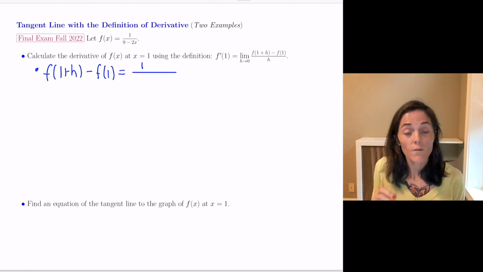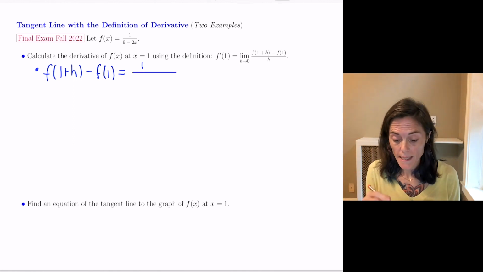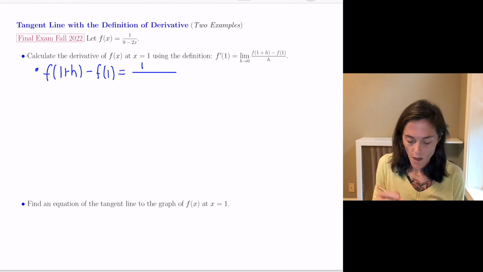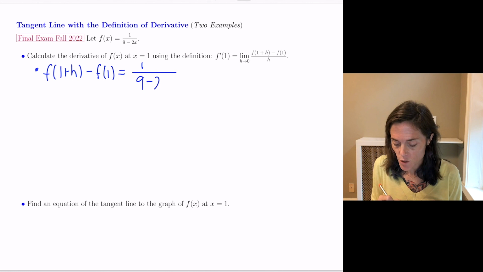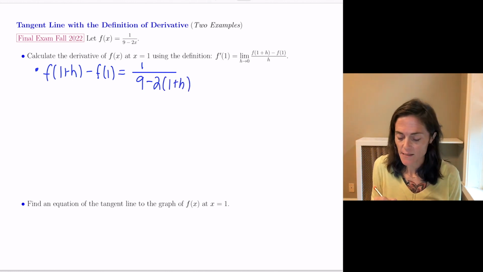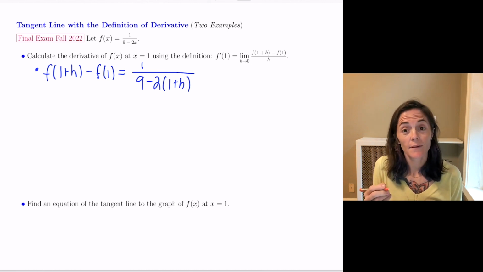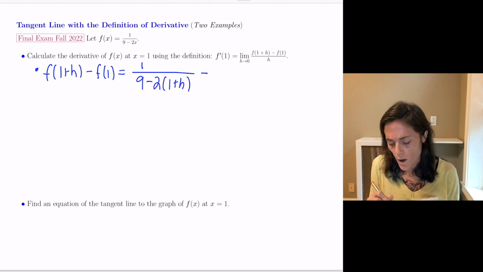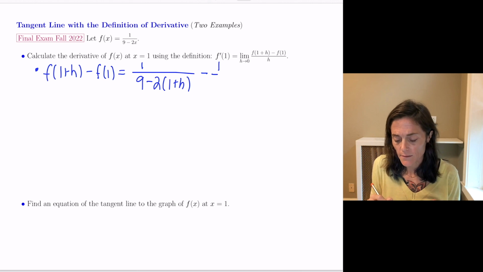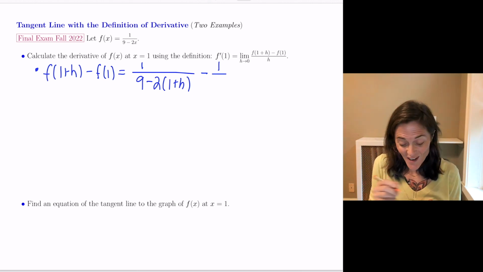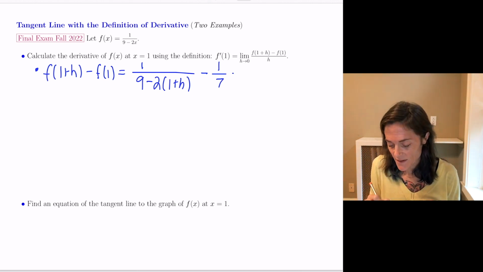We have 1 over, we'll evaluate at 1 plus h. So we put in 1 plus h, and for this x, we have 9 minus 2, quantity 1 plus h. This is an important first step. Now we subtract off f of 1. We can see f of 1 is 1 over 9 minus 2, 1 over 7.